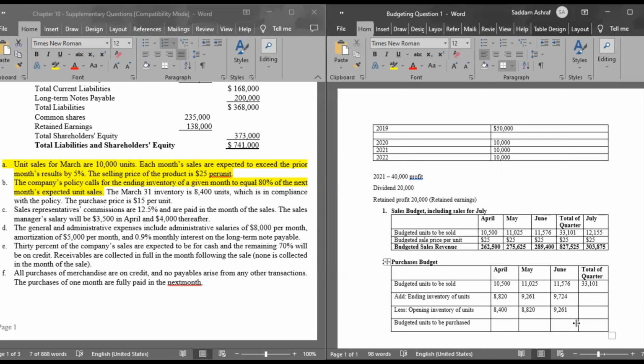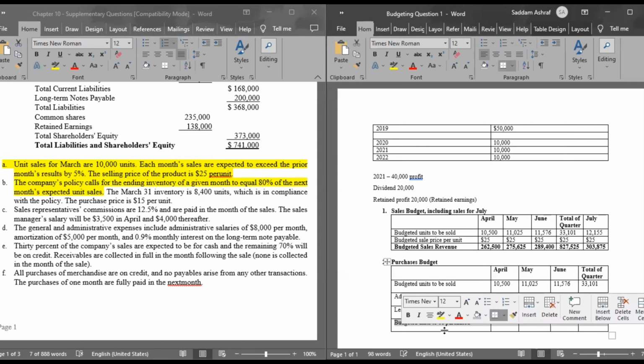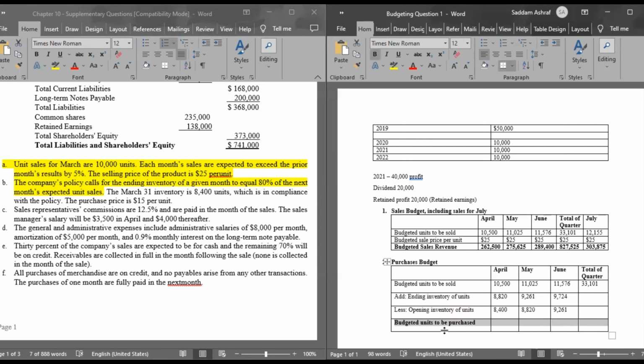This is the answer of this purchases budget, so we don't need to add or subtract more. First, we take budgeted units sold, then add ending inventory and subtract opening inventory. The answer will be the units we need to purchase.